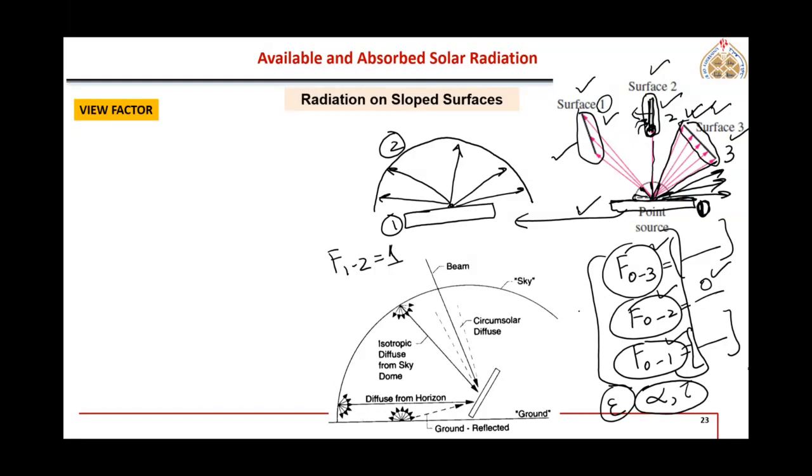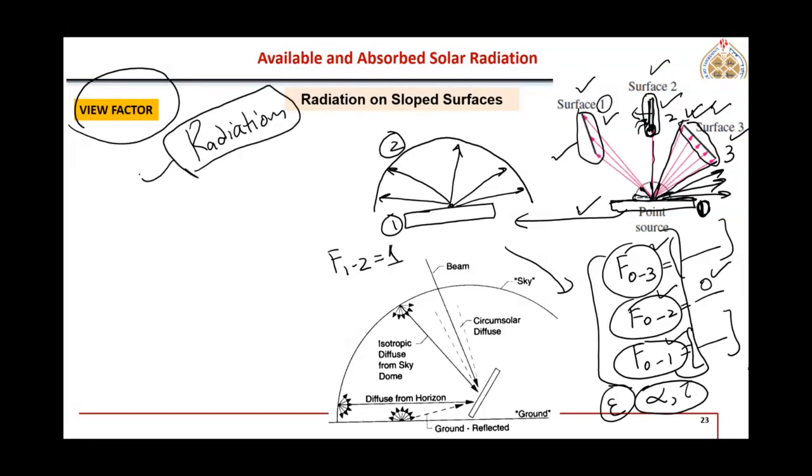Okay, so now there is a complete topic of view factor. In heat transfer books, in the chapter of radiation, you will see there is a topic of view factor. And there, the methods of calculating this view factor for different surfaces and their orientation with respect to each other, we can define equations.